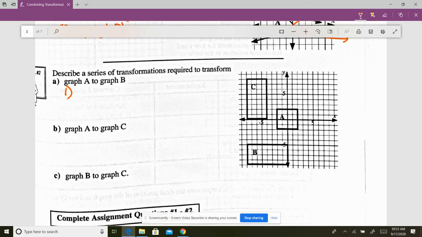So this has a width of 4 units, and this has a width of 8. So what have we done? Horizontal stretch by 2. That essentially means you multiply all the x values by 2. So it expands the box to this.